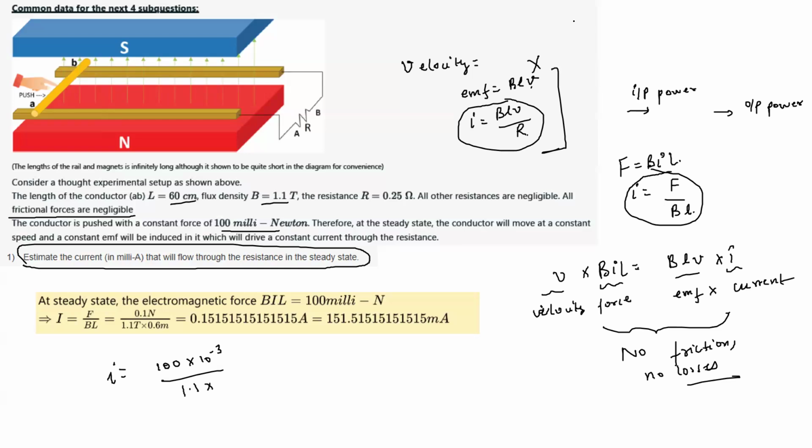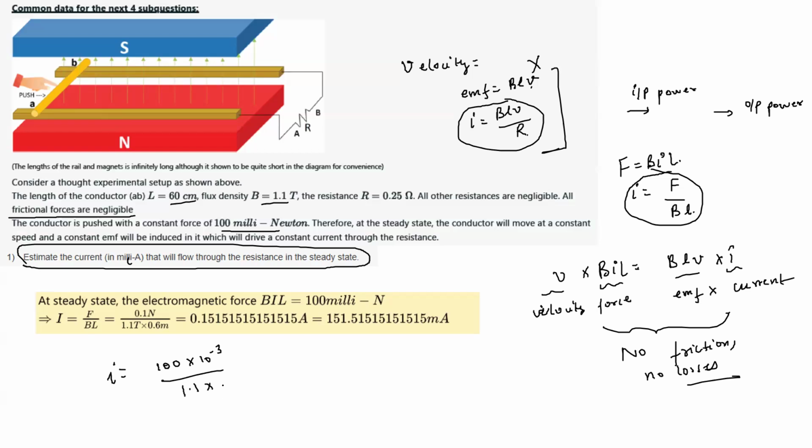The SI unit of length is meter. The SI unit of flux density is Tesla. The SI unit of force is Newton. Like this, the SI unit of current is ampere. So you have to convert everything into SI units when you are calculating. Then only you will be able to enter the correct decimal points.